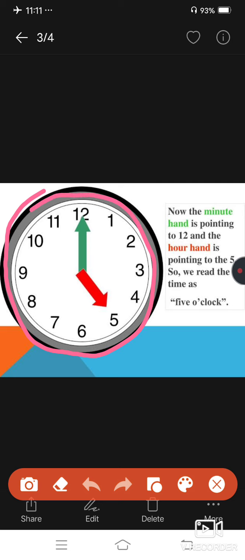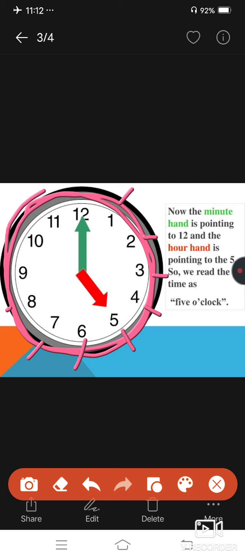Just the way we have a face, a clock also has a face. On the face of the clock you can see numerals from 1 to 12: 1, 2, 3, 4, 5, 6, 7, 8, 9, 10, 11 and 12.